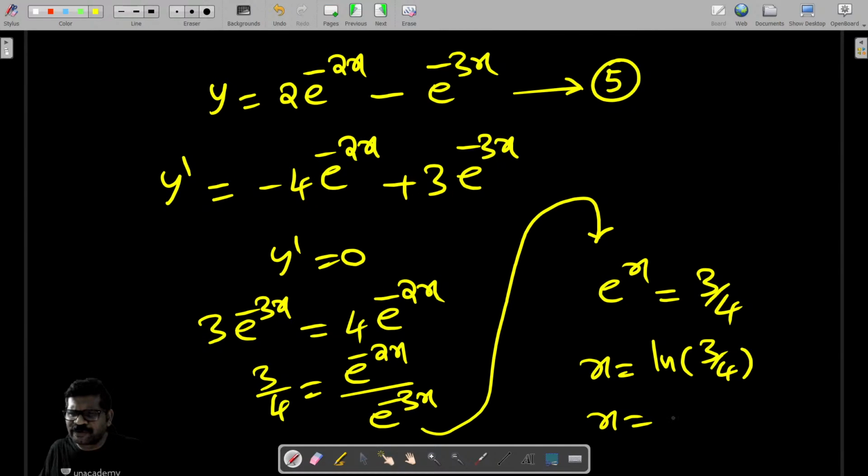Therefore x equal to log 3 by 4 means minus 0.289. That is nothing but x approximately equal to minus 0.3.